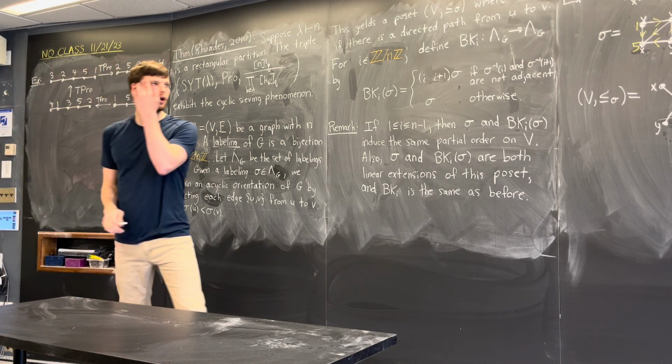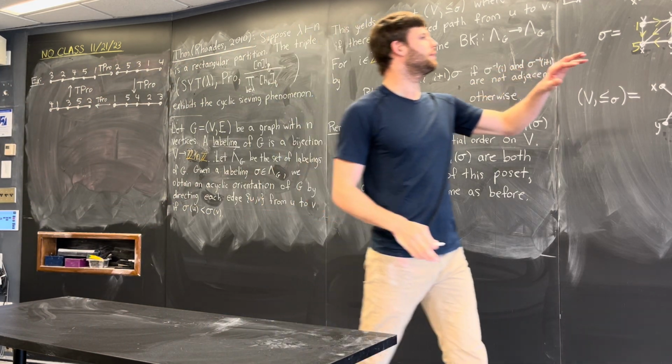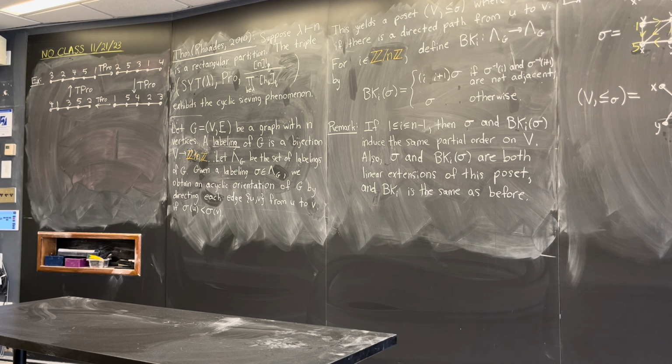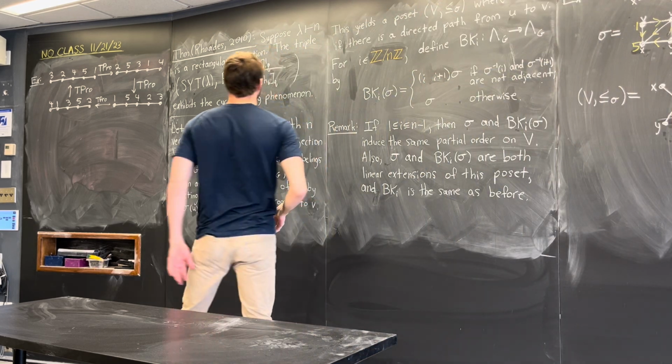So the thing that I found is that you could study promotion on labelings of a graph. And there are some cases, like if you're thinking about linear extensions of a poset, and you think of something like standard Young tableaux of a rectangle shape that has nice orbit structure, and I mentioned this result of Rhoades, which tells you this cyclic sieving phenomenon happens.